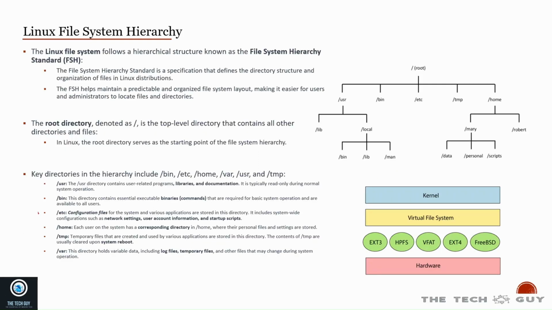We have etc, where we have all the configuration files. If you haven't seen this in detail, see my part 3. But etc is the directory where I have all my configuration files. It has my network settings, my user account information, startup scripts, etc.